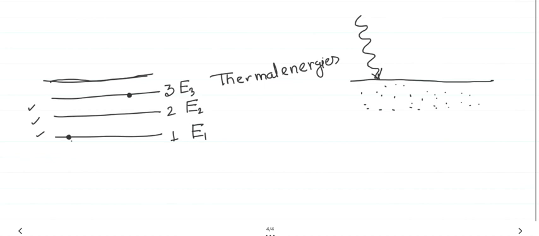Now just try to understand: the electron at level E1 absorbs the energy h nu, and another electron at E3 also absorbs the energy h nu. Both of them have the same type of energies after absorbing it.